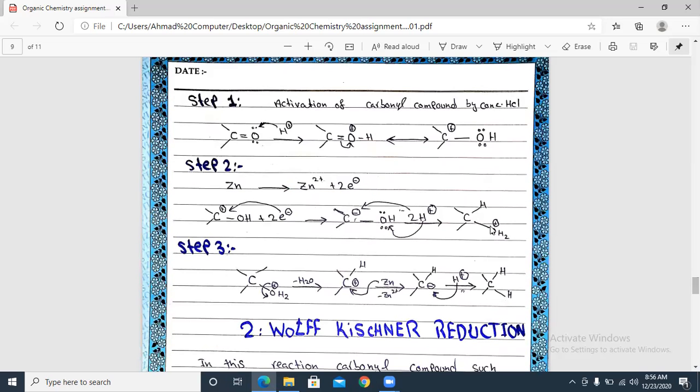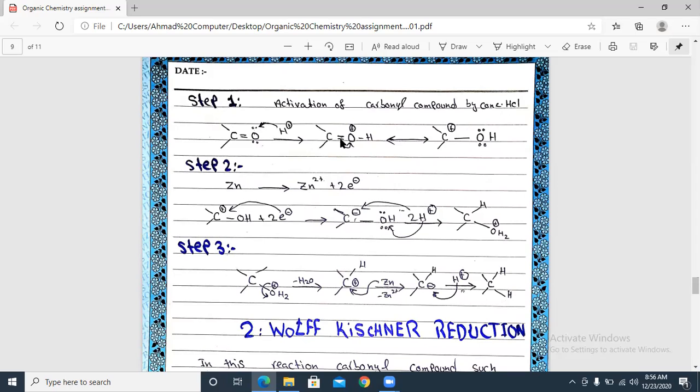Now let's see the mechanism of Clemmensen reduction. First is activation of the carbonyl compound by the concentrated HCl. Here the carbonyl compound acts as an electrophile, and the H plus reacts with oxygen, and we get this structure.